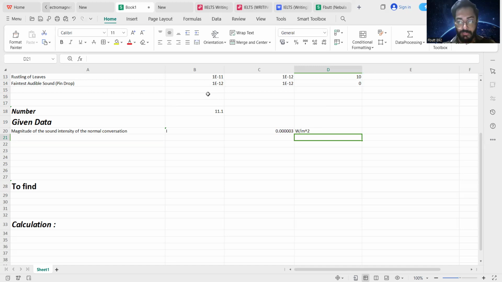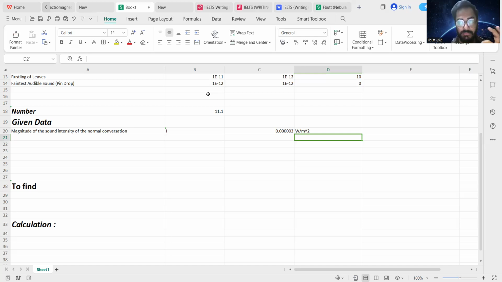Remember that if you see the word level with sound intensity, then the examiner is asking about the sound intensity level, which is L minus L naught. Otherwise, the examiner is giving you the data about sound intensity.